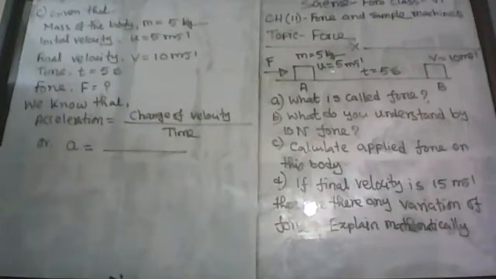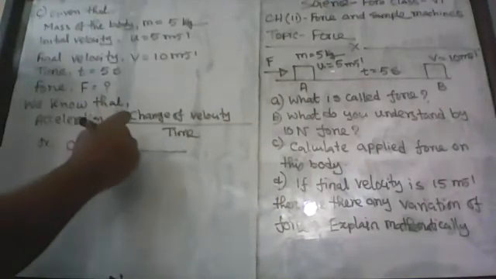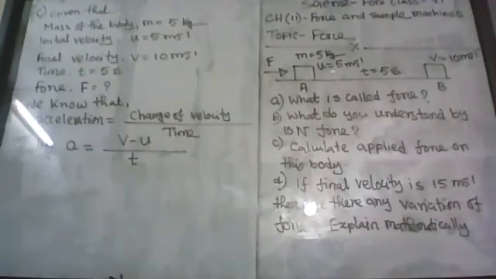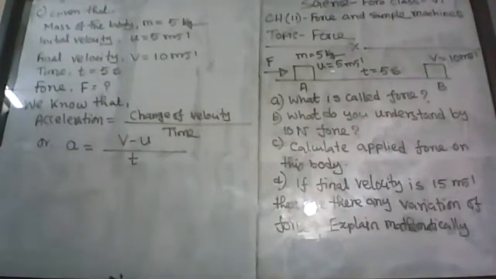So it will equal to v minus u divided by time t.